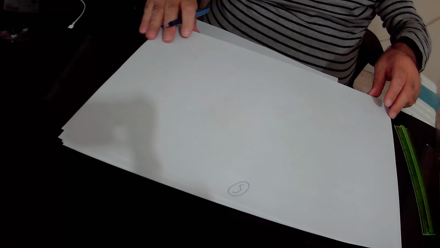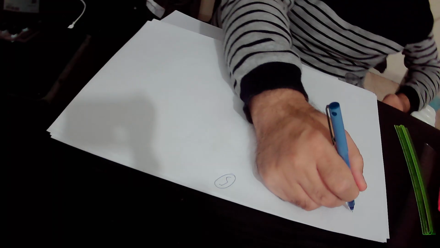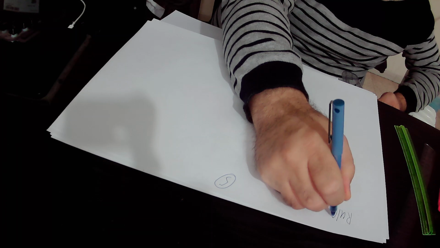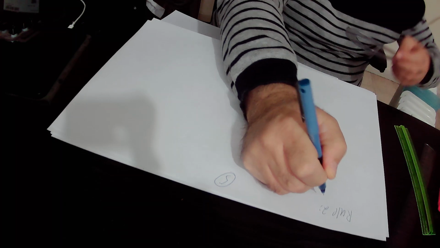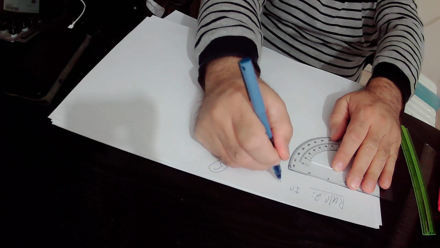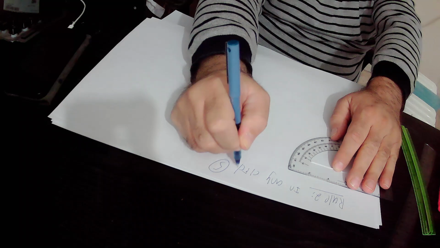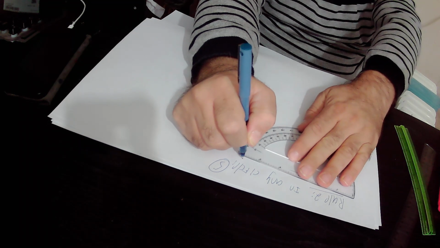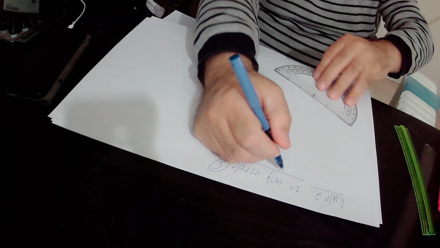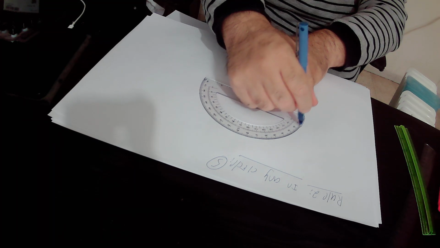Rule number 2 is true in any circle. So I'm writing down that in any circle, if we have this circle, that will be any circle.